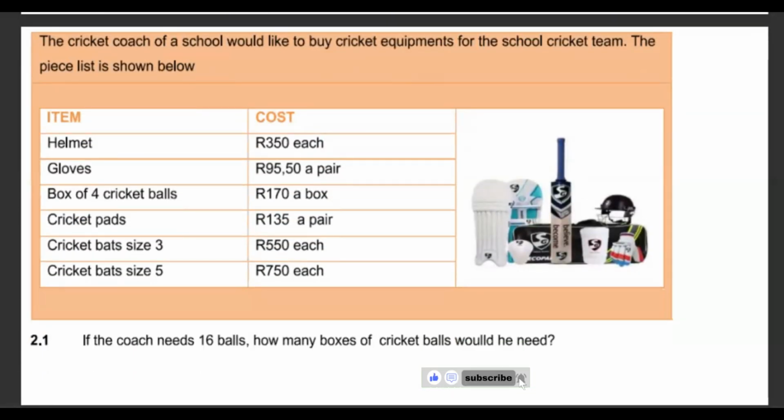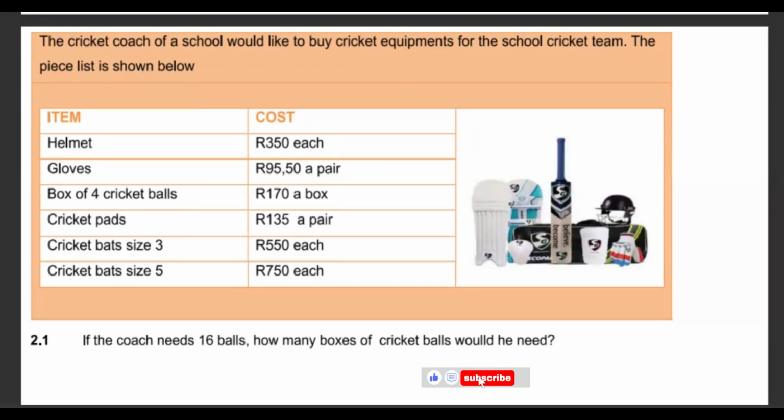We go to another example here. The cricket coach of a school would like to buy cricket equipment for the school team. The price list is shown below. If the coach needs 16 cricket balls, how many boxes of cricket balls would he buy?